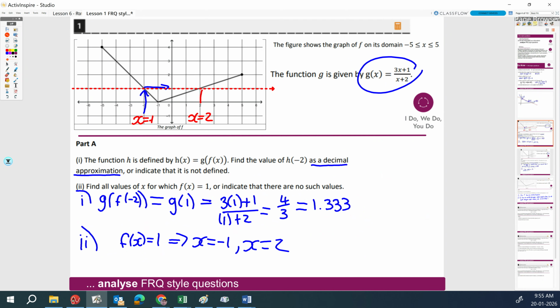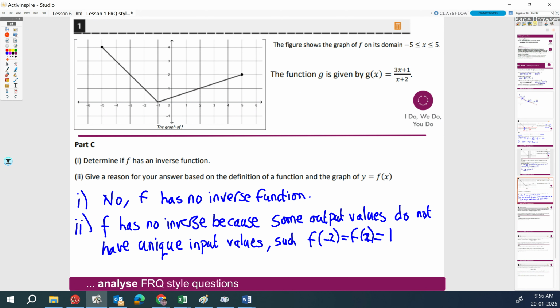Although I wrote the number wrong here. It's -2. That's the correct one. I don't know why I said 1. So give an example, f of -2 equals f of 2 equals 1.